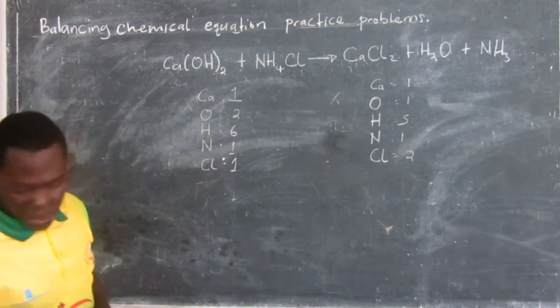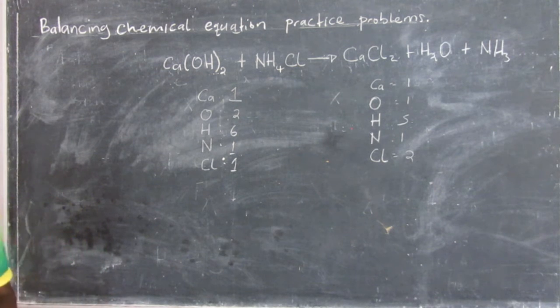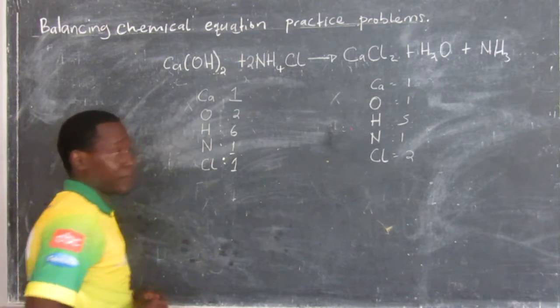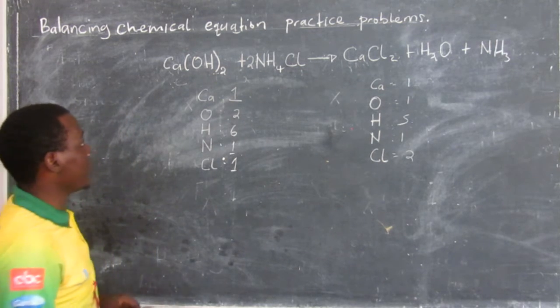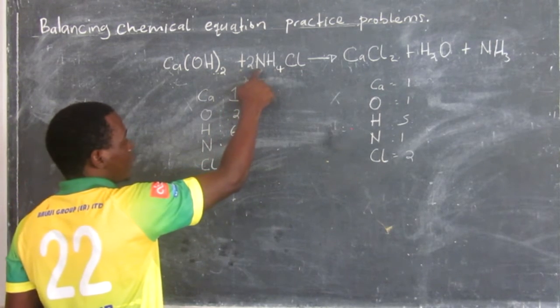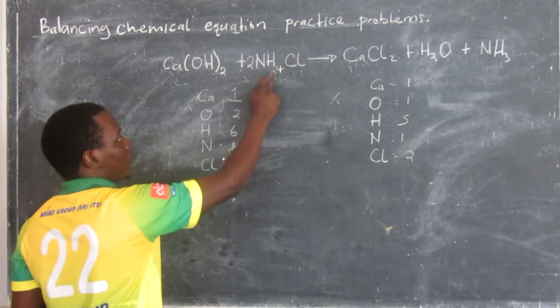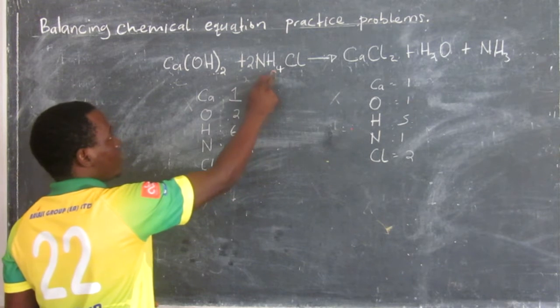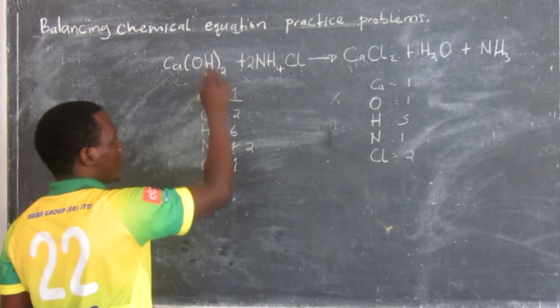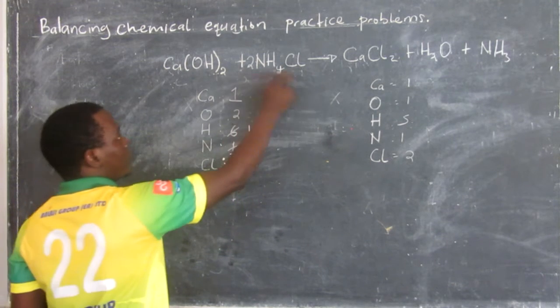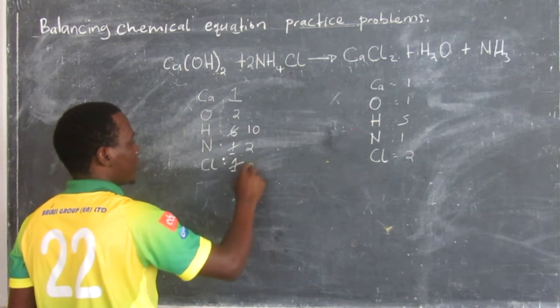Now we need to balance that equation. We need to think and see how we can balance. If I put a 2 here, my dear students, meaning that 2 times nitrogen gives us 2, now come to 2 times 4, that's 8, 8 plus this 2 here gives us 10 hydrogens, and 2 times 1 gives us 2 chlorines.